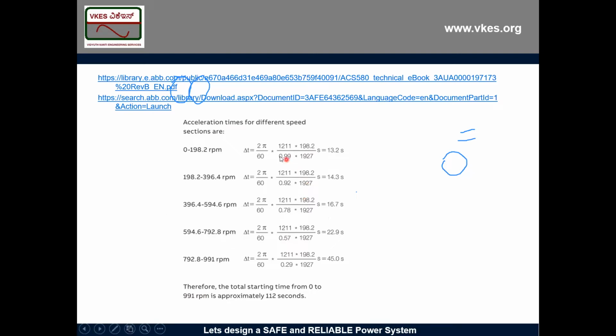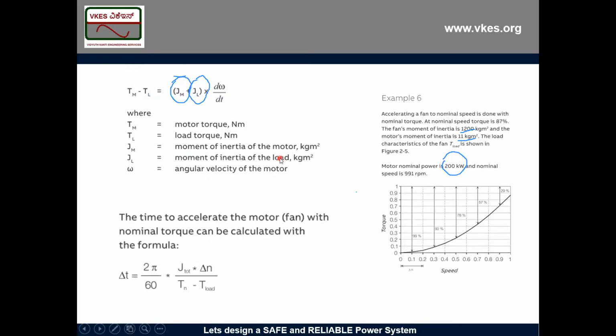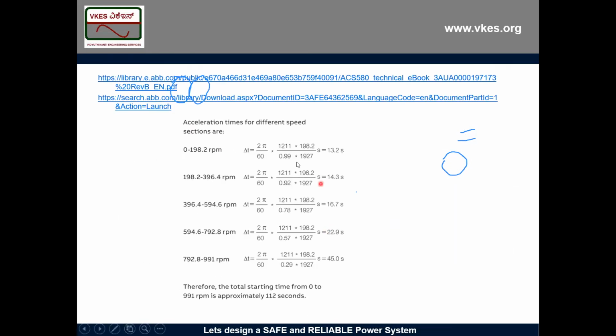Now this one, see the difference of the torque, input minus output, something like that. Okay. So that torque is like a percentage. So initially I can say 99%, then 92%, then 78, 57, 29%.